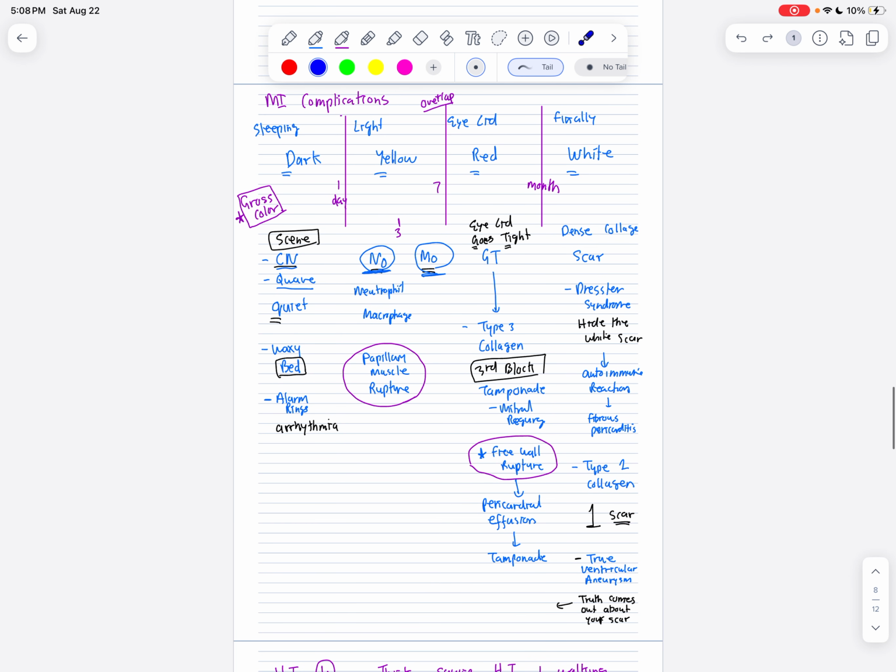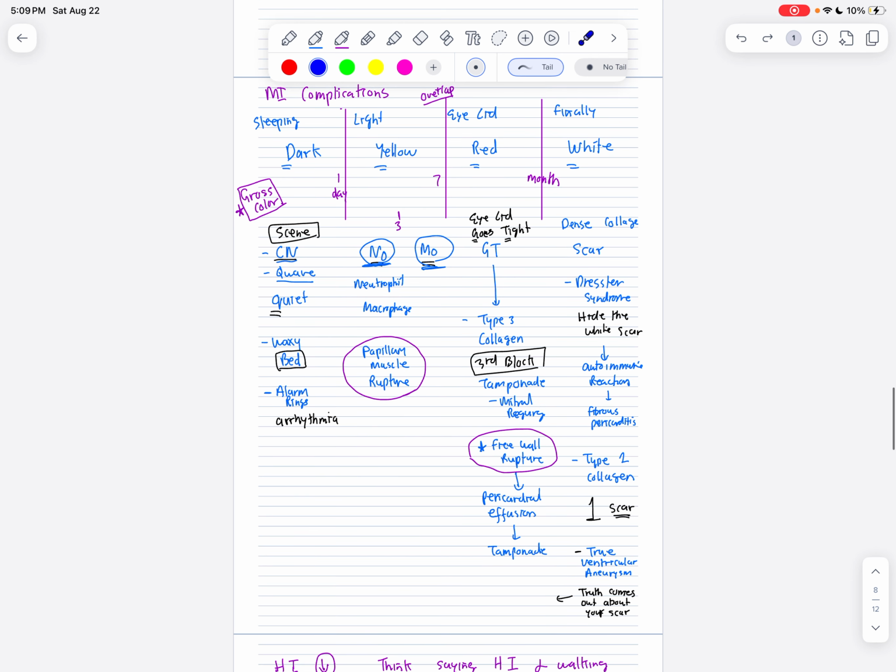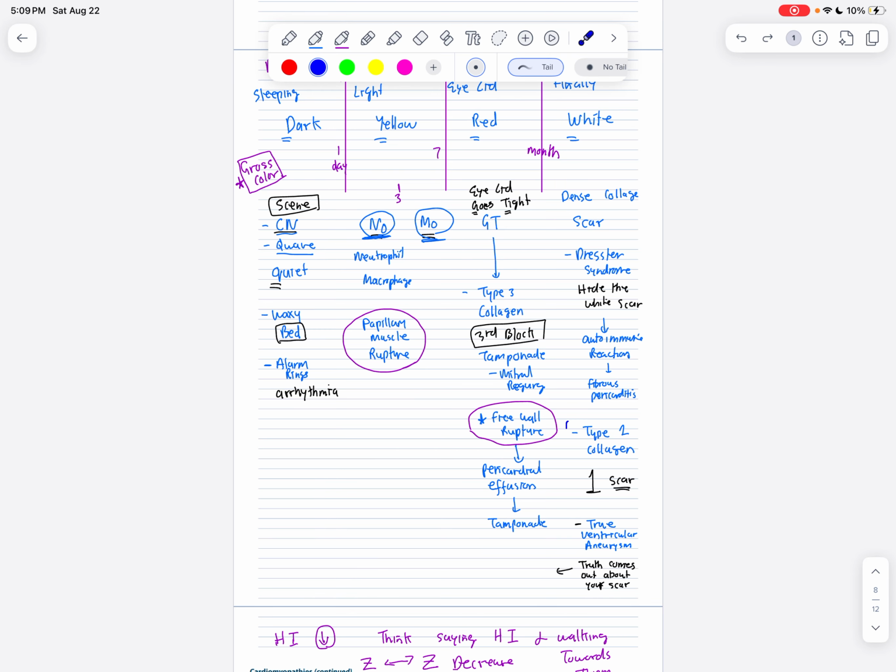The GT was 7 days to basically 4 weeks, and this could be longer than 4 weeks. And just know type 1 collagen because of one scar. Unlike GT, which is type 3 collagen, this is type 1 collagen.